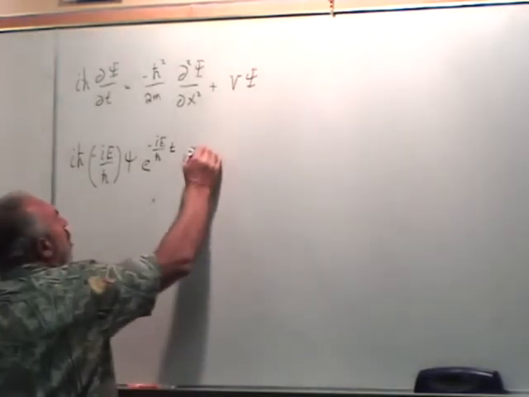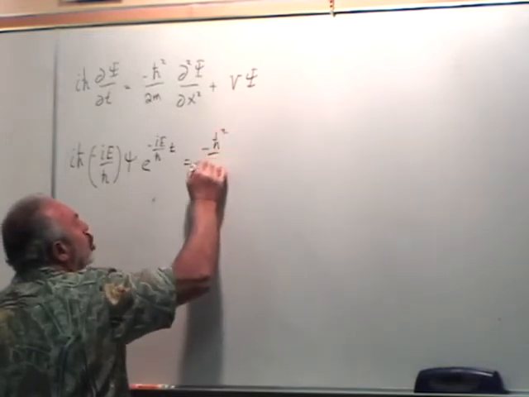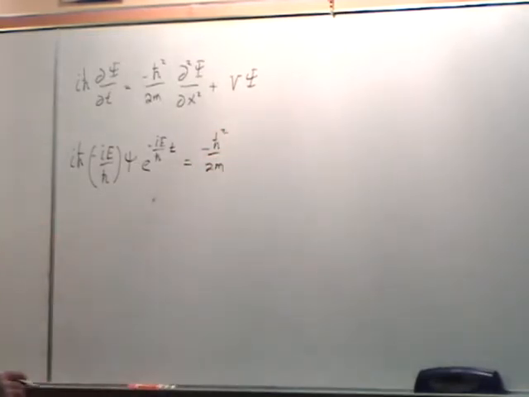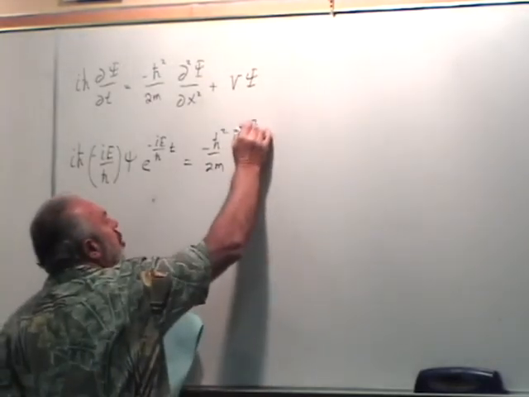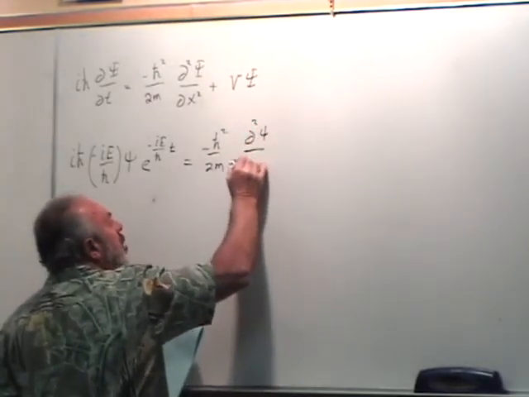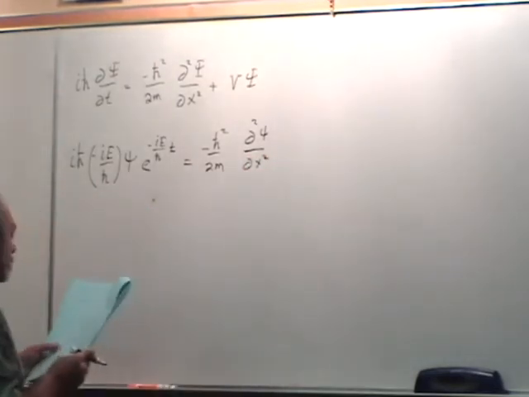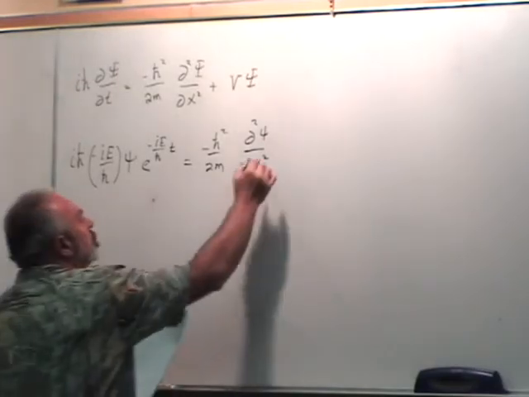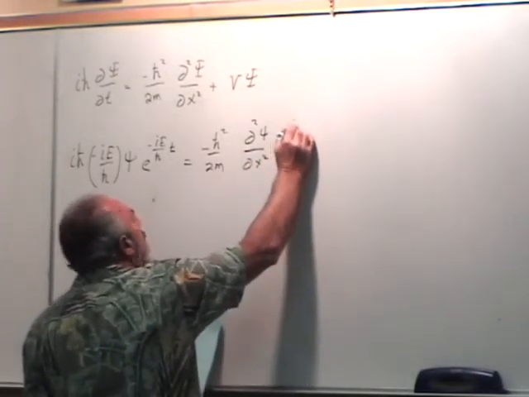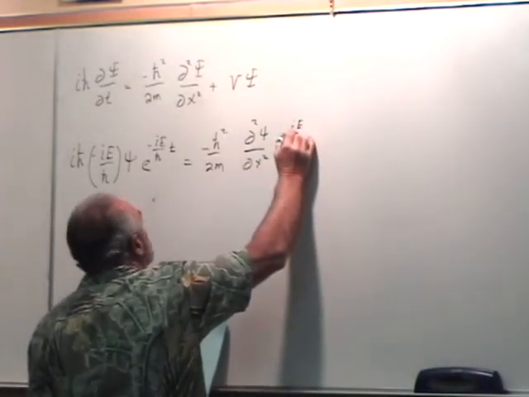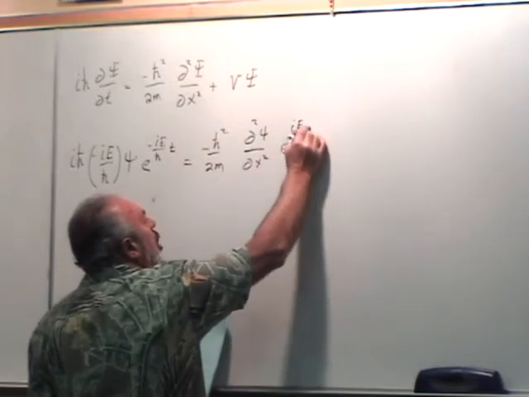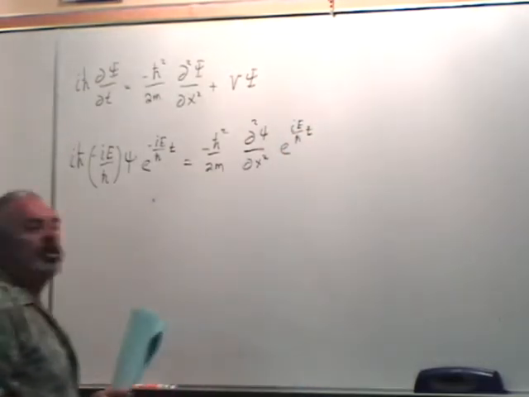Next, I get the minus h bar squared over twice m. And probably the easy thing to do right now is to just write this as d squared lowercase psi dx squared, times e to the minus iEt over h bar, because I don't differentiate that.